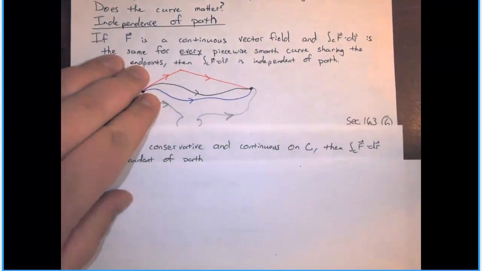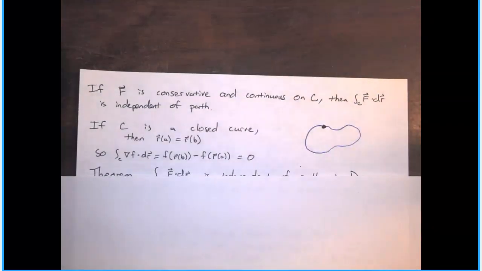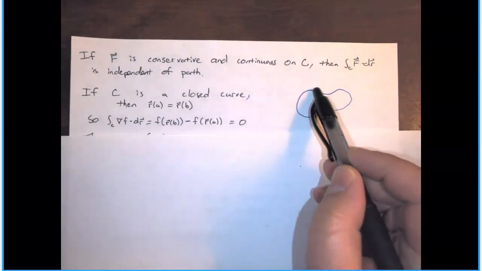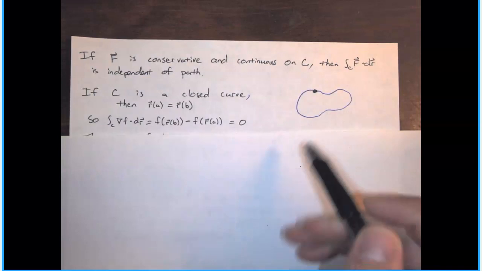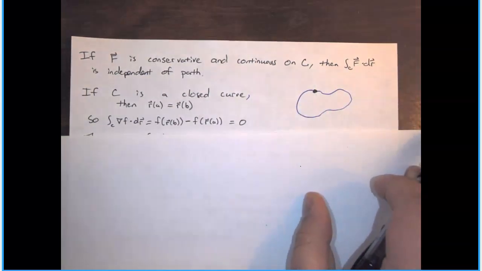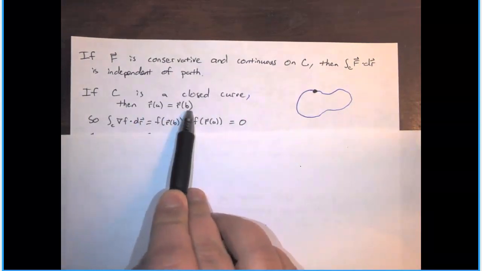Now, what if we have a closed curve? If I have a closed curve, something like this here, where I'm starting at this point and going around and stopping at this point, if my vector field is independent of path, well, the ending point and the starting point are the same.